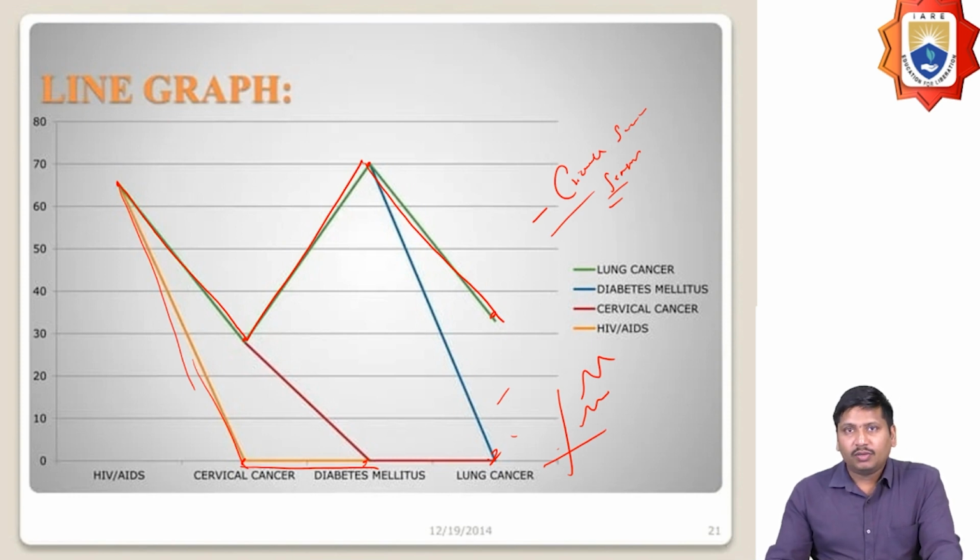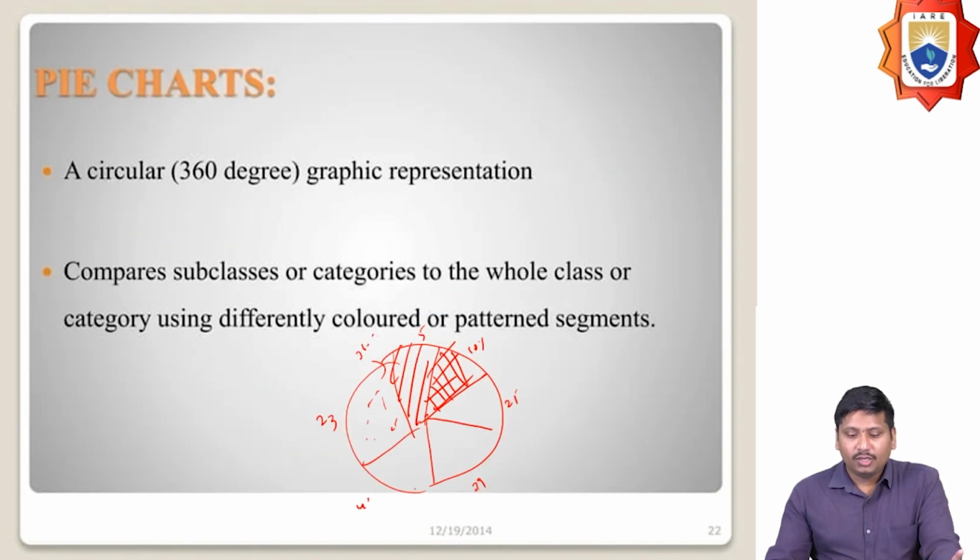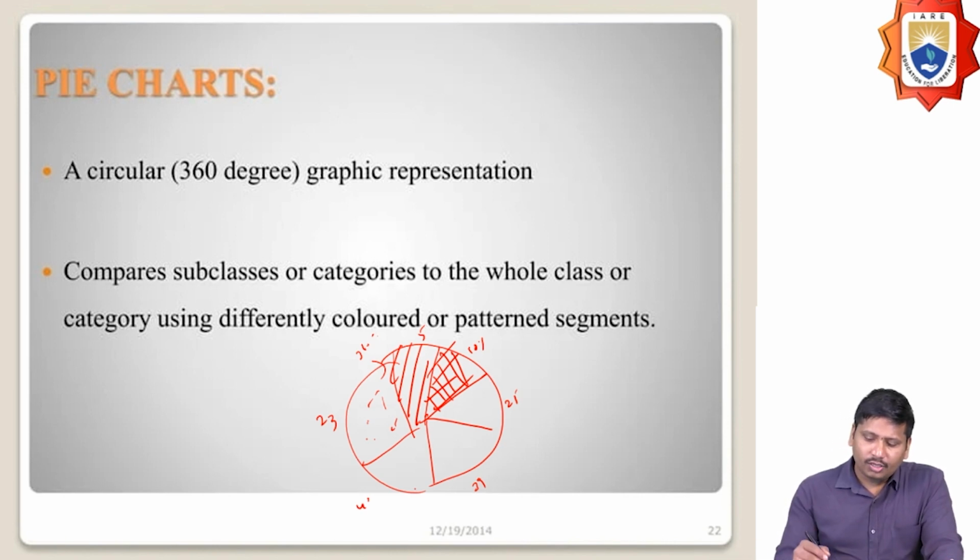Since we have different types of representations, which is the best? Similarly, if I'm going to represent it in a 360 graphical notation, then I go for pie charts, where the data is divided into different slices of the pie.